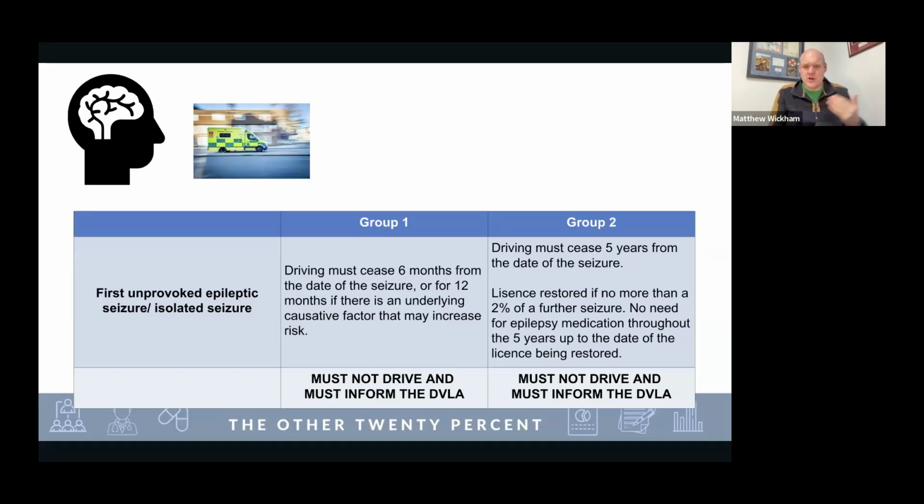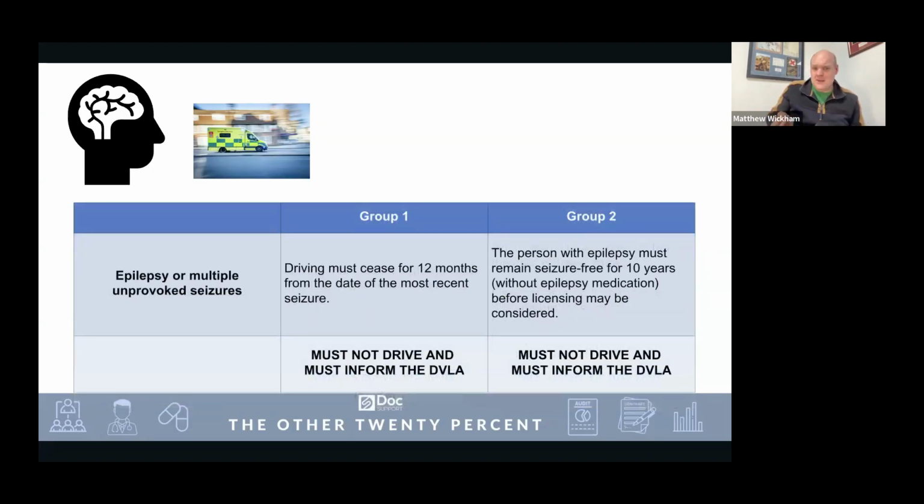Group two, so your lorry drivers, think about them: must cease 5 years from the date of the last seizure. And it'll talk about a 2% chance of further seizure. I wouldn't expect you to remember that, but it's one of those of again referring back to your specialties. If you've got epilepsy or multiple unprovoked seizures, so we're talking single, your first fit, compared to multiple now, where group one is very much must not drive from the date of recent seizure for 12 months.